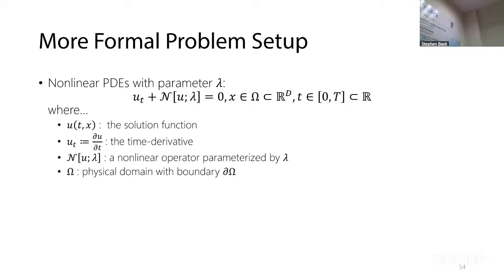Lambda, for example, can be things like the stiffness matrix of your solid system, or the Reynolds number defining the fluid flow. Any physical parameter that governs the physics is represented as lambda, and the operator N is parameterized by those physical quantities, so that the rate of change is defined by them as well. And finally, Omega, like I said, is the physical domain whose boundary is denoted as partial Omega.